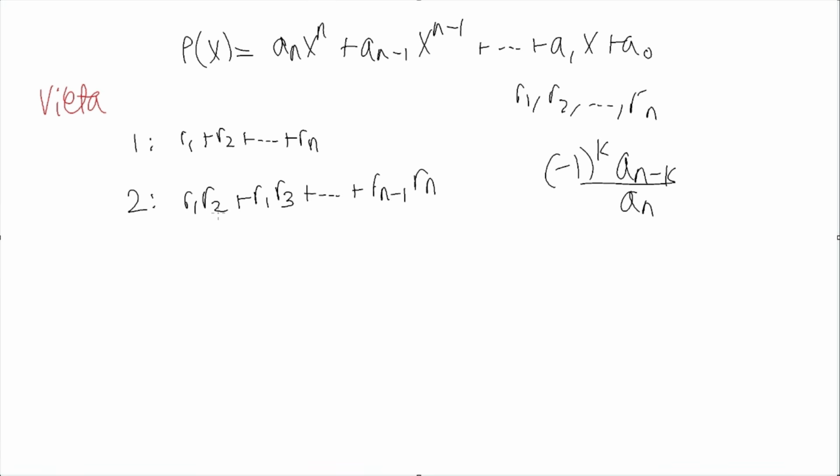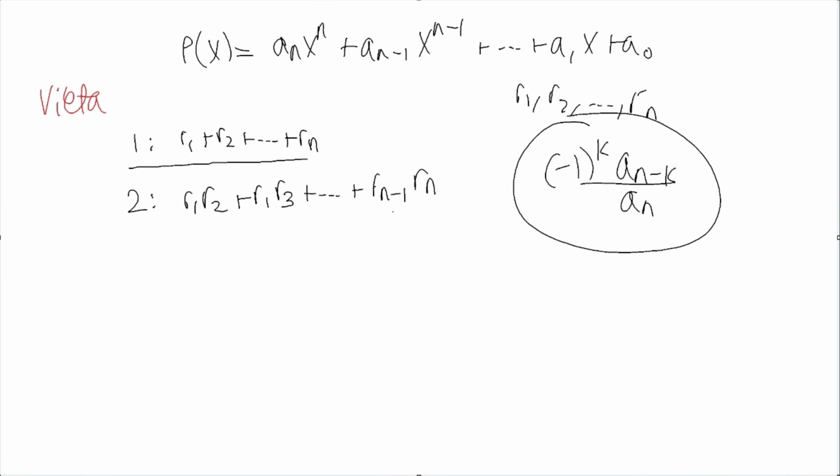So we have r1r2, that's one choice, because 1, 2. We could also have 3, 5, and that gives r3r5. And note that we never count a pair or bundle twice, because 3, 5 is not counted if 5, 3 is counted.